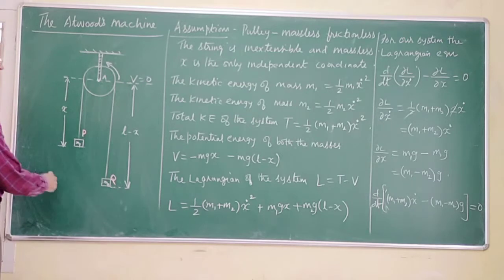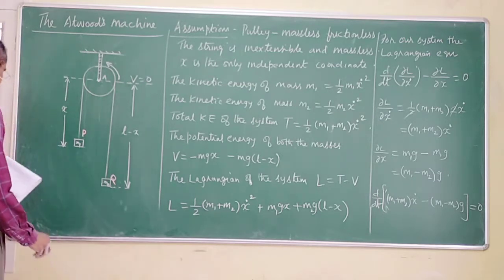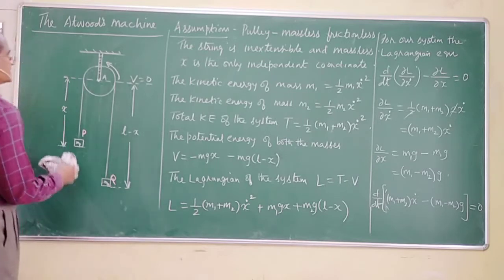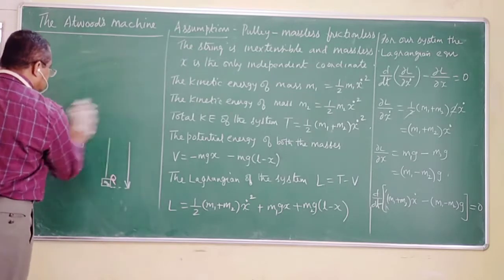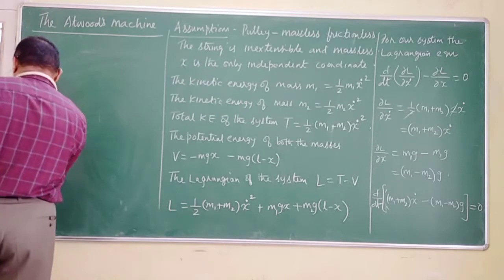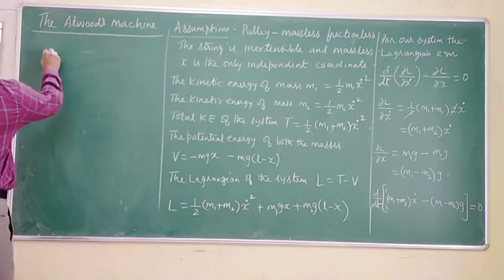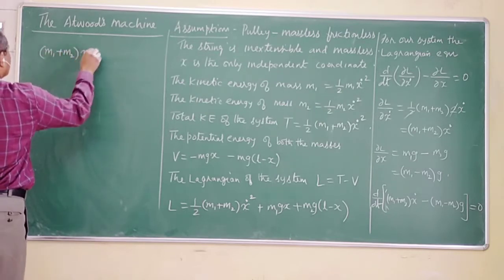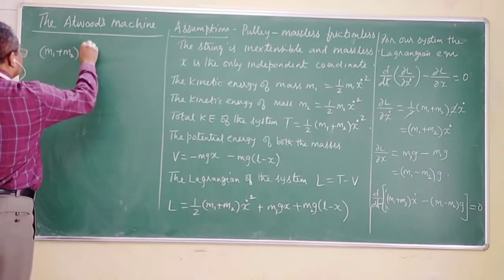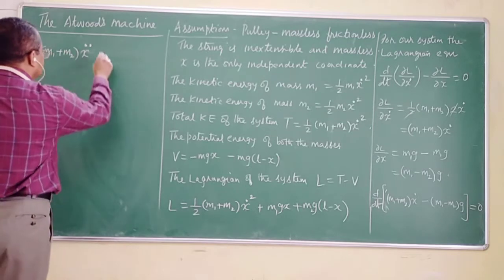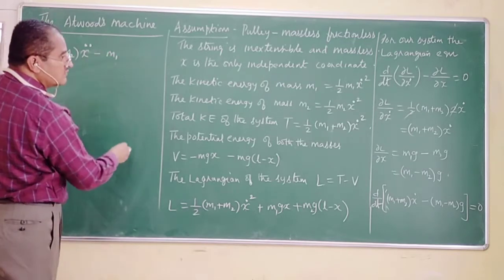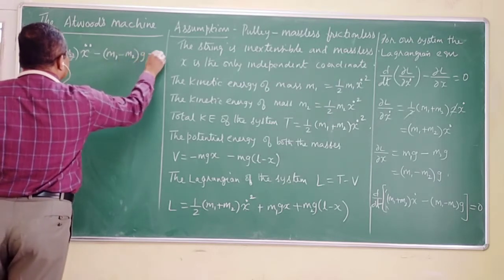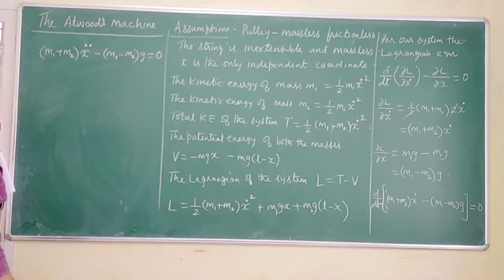I will write it here. If I differentiate, I get, I will rub this diagram off. Therefore, I will get m1 plus m2 into x double dot minus m1 minus m2 into g is equal to 0.